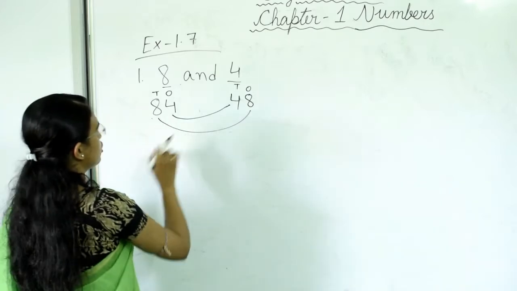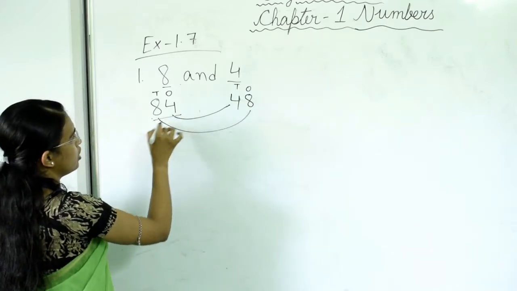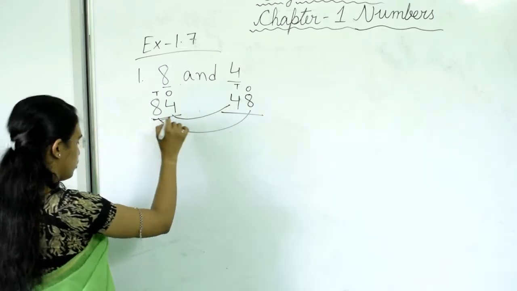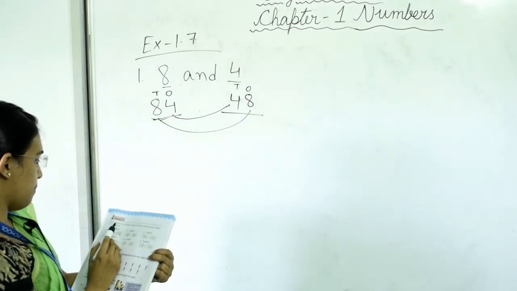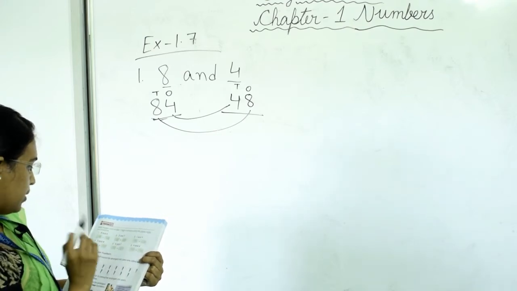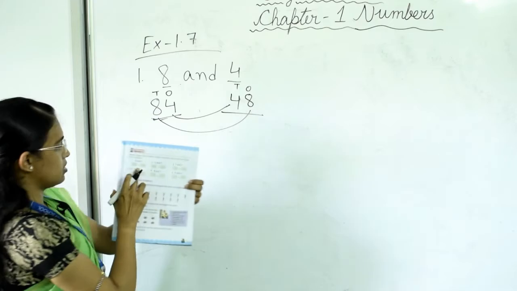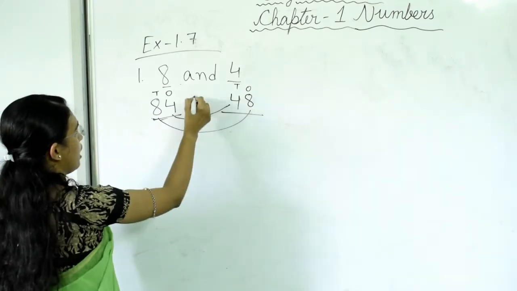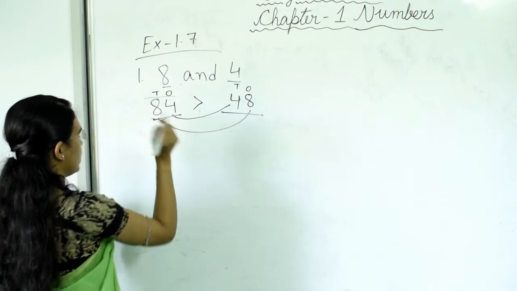Now tell me, which one is the biggest number, 84 or 48? Which one is the biggest number? Yes, 84, right? So what is the question? Make bigger and smaller two-digit numbers using the given digits and compare. Now the sign is already given in the book. Now what do we have to find out?